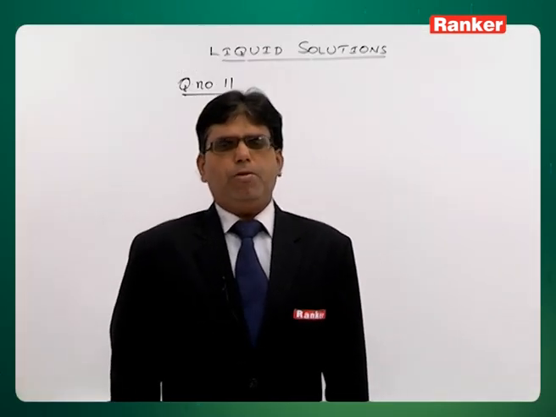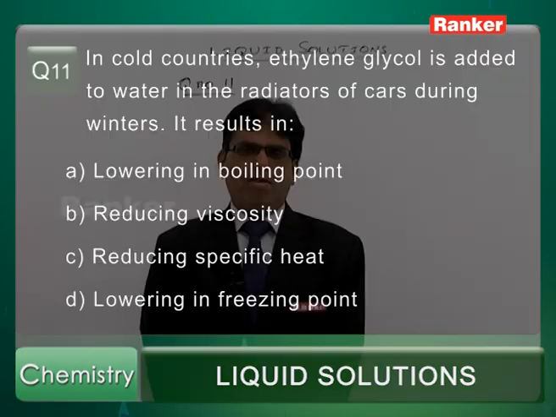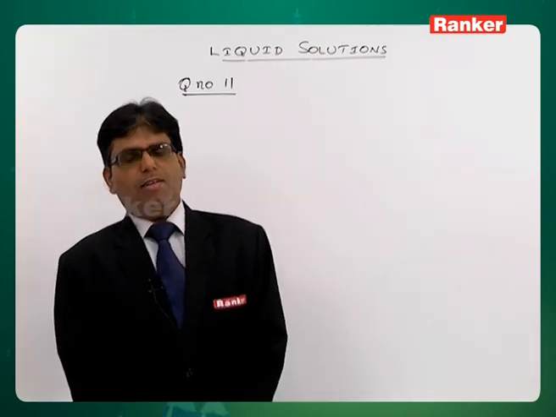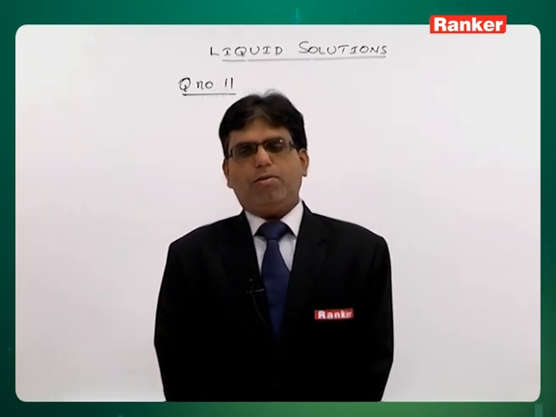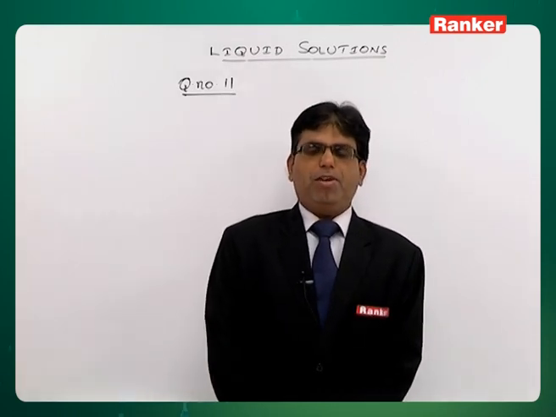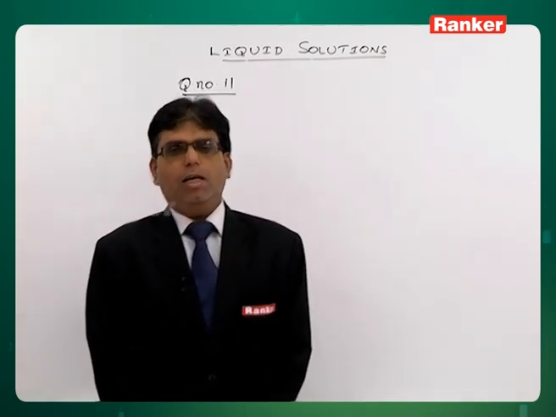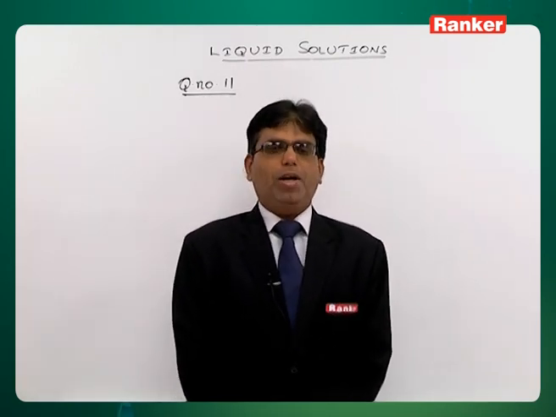Now, we go to question number 11. In the question it says that in cold countries, ethylene glycol is added to water in the radiators of cars during the winter season. What is the reason for that? The reason is that upon adding ethylene glycol to water, the freezing point of the water is lowered, due to which formation of ice will be prevented, and finally radiators can be allowed to keep working.